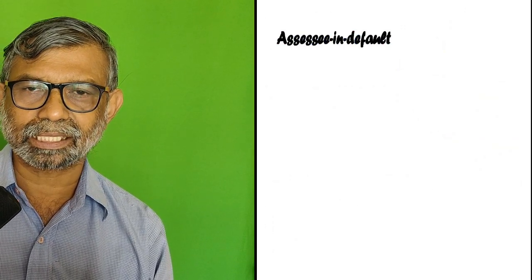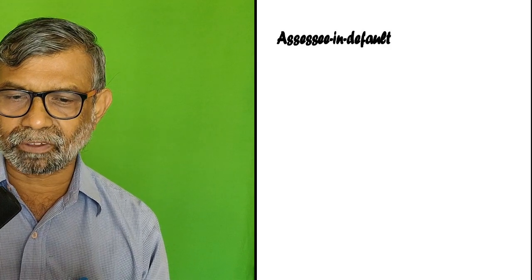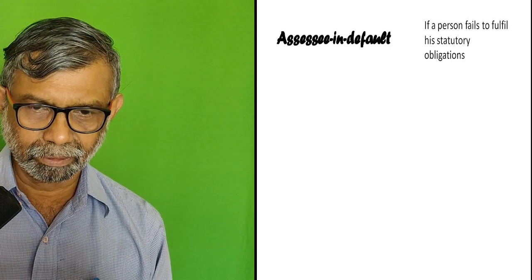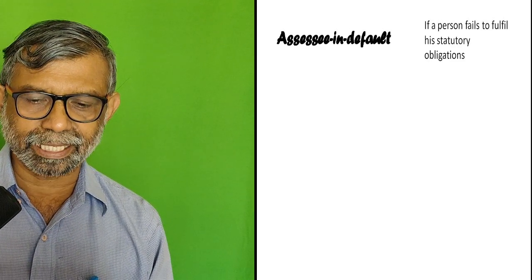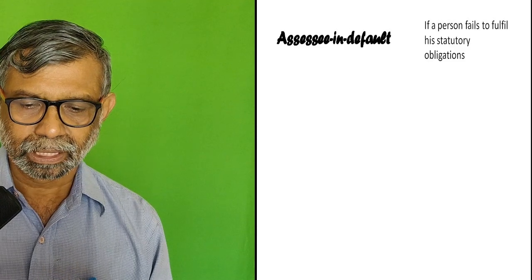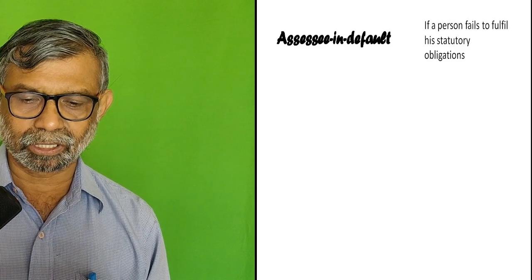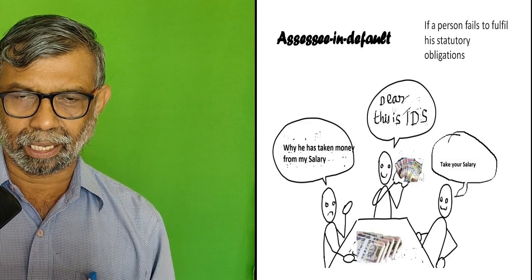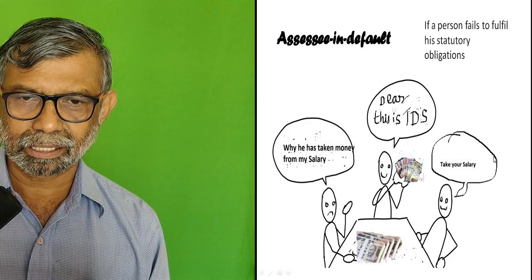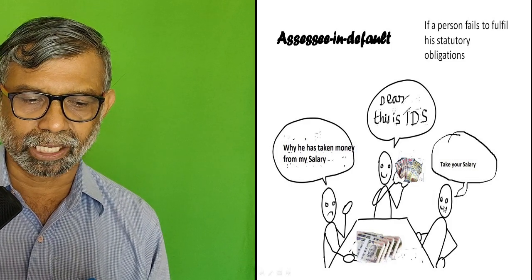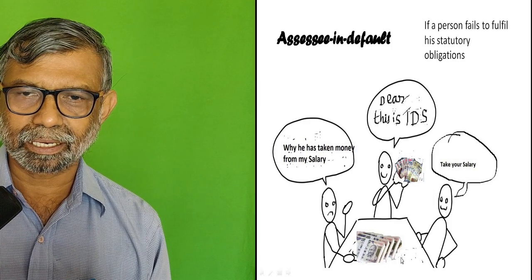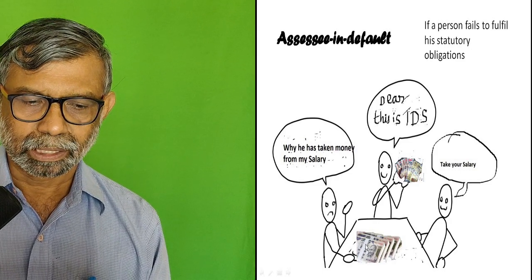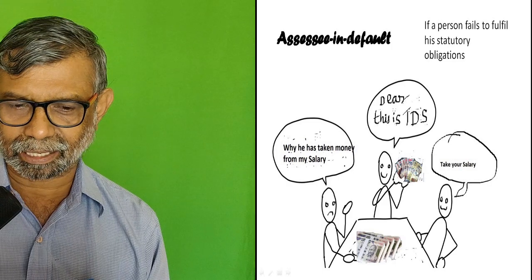Now the fourth and last case: assessee in default. Who is an assessee in default? If a person fails to fulfill his statutory obligation, then he is called an assessee in default. Okay, look into this picture. Here, once you see this side, he is a manager. He puts money before his employee and says, okay, you can take your salary. Then, from his salary, some amount is taken back. Then he asks, why has he taken money from my salary?